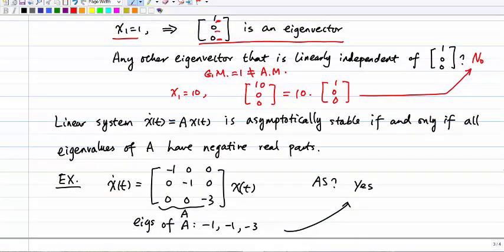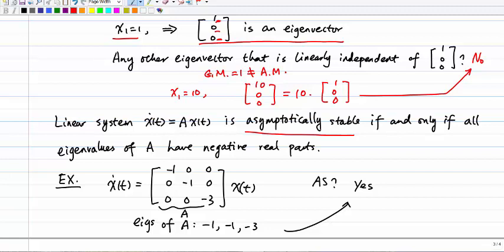All right. So lastly, we will talk about the condition for asymptotic stability. I mentioned in the previous one that the condition for marginal stability is when all eigenvalues of A have negative or 0 real parts, and those with 0 real parts should have the same algebraic multiplicity and geometric multiplicity.